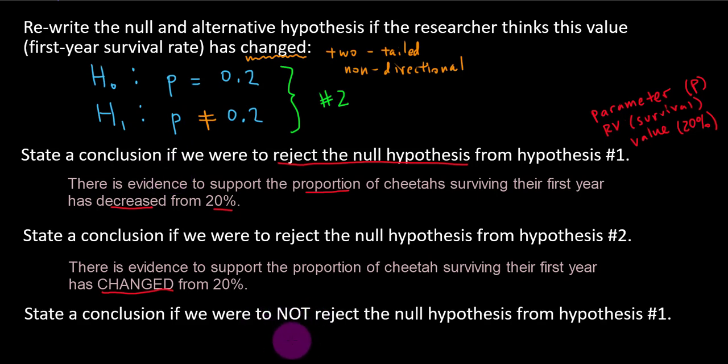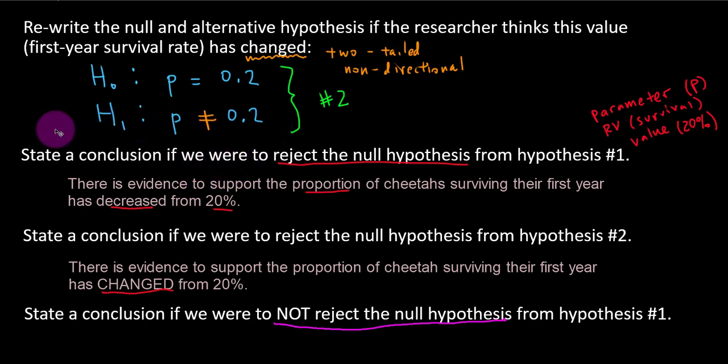We're going to run through this exercise one more time, in which we are practicing stating a conclusion, but this time it's going to be when we do not reject the null hypothesis. When we do not reject the null hypothesis, that's an indication that the sample data does not support the alternative hypothesis.